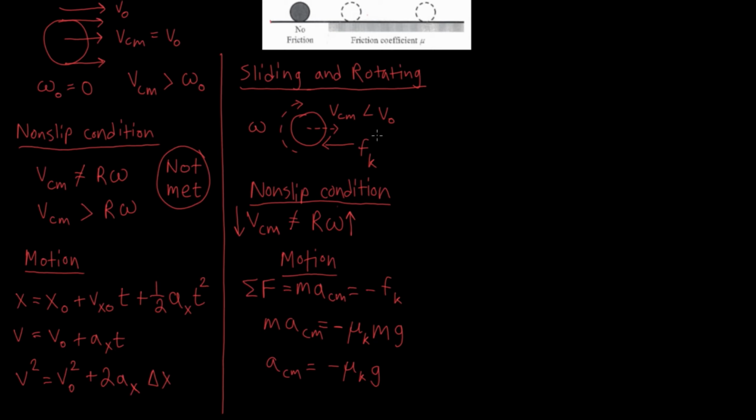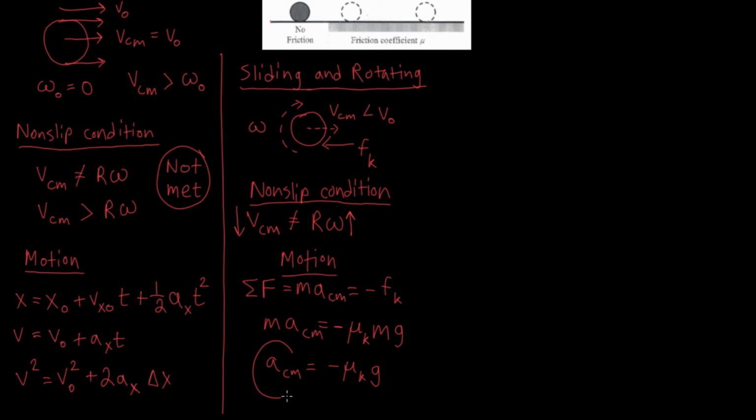And in return, that force of kinetic friction is going to increase the angular velocity by creating a torque about the axis of rotation of the ball. It's going to increase the angular velocity, but decrease the velocity of the center of mass.